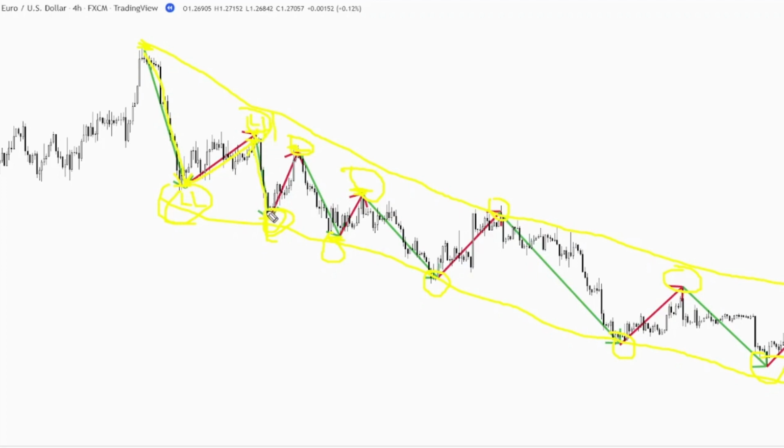We will continue to have these impulse and correction moves, creating lower highs and lower lows, as long as we are in a bearish market structure, or a downwards trend. Now let me find you an example that will show you a ranging market.